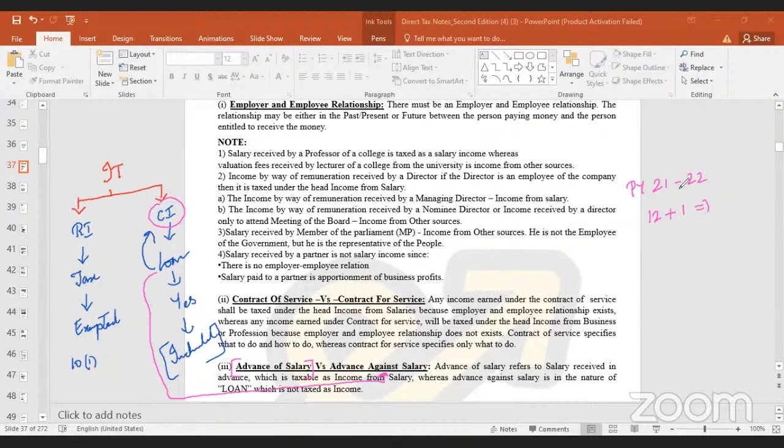So in the PY 21-22, how many months salary will you be receiving? We'll be receiving 13 months salary. Advance of salary is salary received in advance. April month salary has been received in March itself. So whenever you receive it, in the year of receipt and at the time of receipt, it's going to be chargeable to tax.